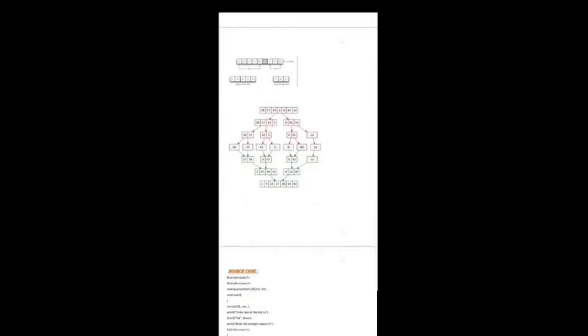We take another example: 38, 27, 43, 3, 9, 82, 10. We divide 38, 27, 43, 3, and arrange around a pivot in quicksort.